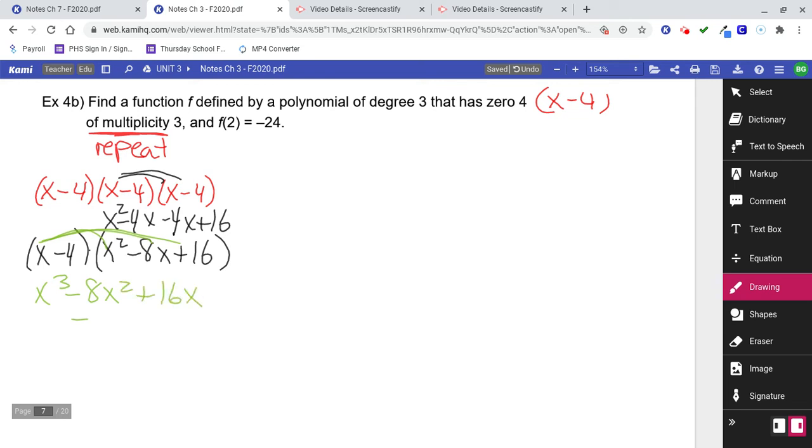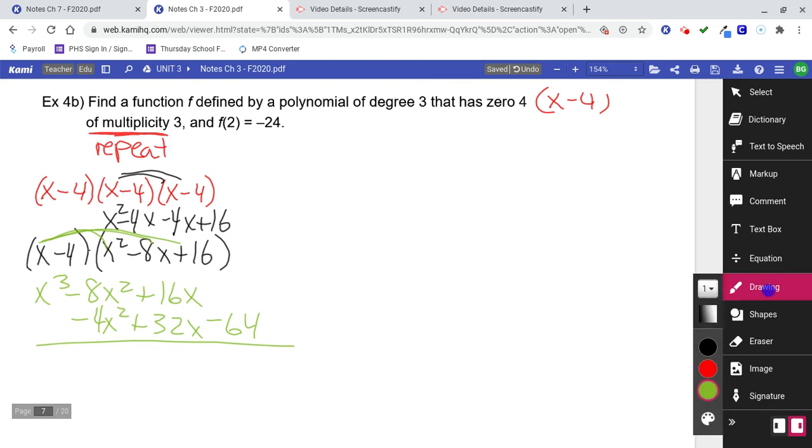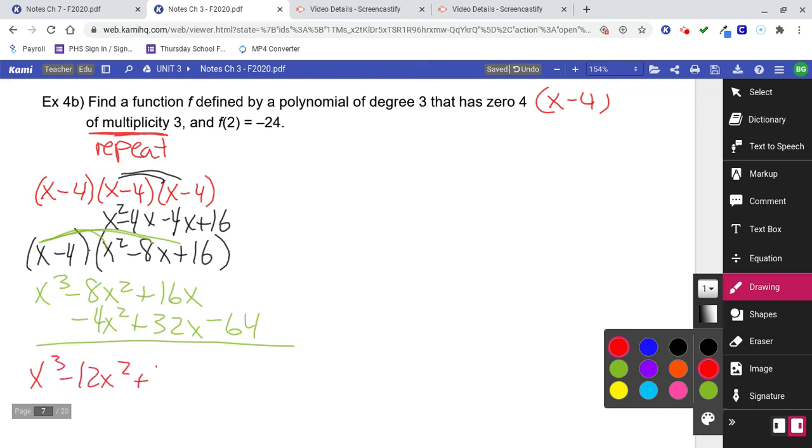And then minus 4x squared plus 32x minus 64. Which gives x cubed minus 12x squared plus 48x minus 64. Now again, some people are going to try to stop there, but you can't stop there because we haven't used this piece of information yet.